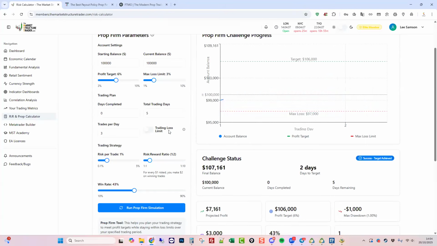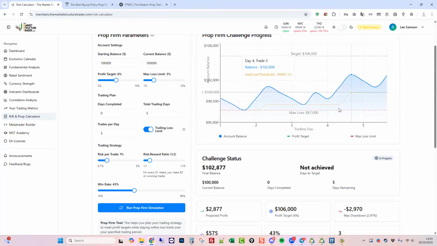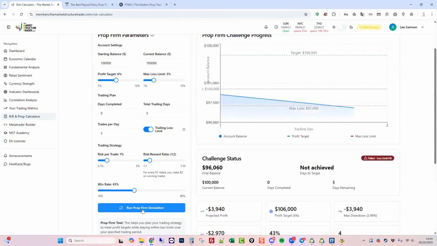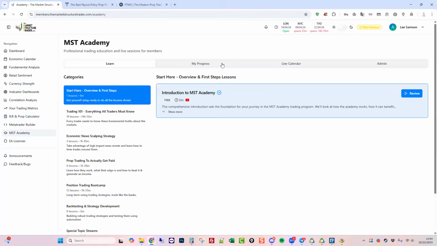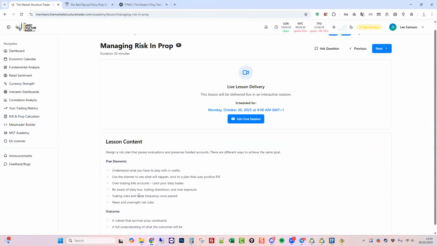When you pass your evaluation and you get a funded account, this static loss line that appears down here, max loss, suddenly becomes a trailing one. This orange line here. So when you get funded, what they do is they change the goalposts. So you've got to be aware of this. You've got to reduce that risk down because they will always tighten that net and squeeze you in. In one rule or another, there will be rules that will squeeze you to try and make you fail once you've got the evaluation over the line.